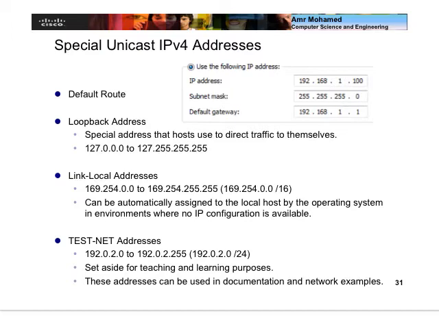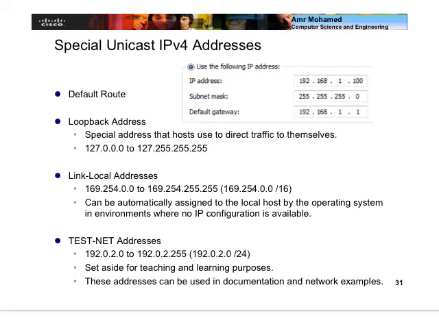Another important aspect of IP addresses is that there are some special IP address ranges. These IP addresses are agreed upon to be used for a particular purpose. It's not for general purpose. So for example, the default route is one of the special IP addresses in a network, although the default route does not have a specific IP address.